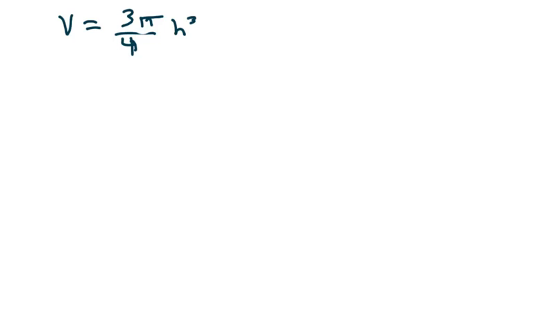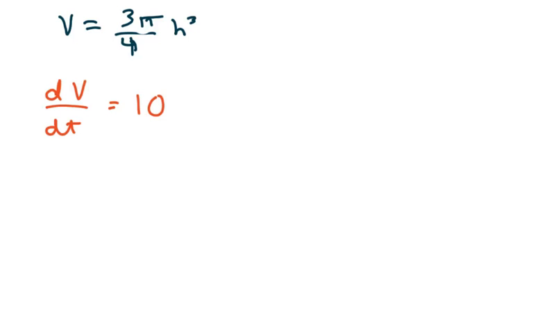Alright, now all we have to do is take the derivative of the volume with respect to time. The derivative of the volume with respect to time is 10. They already gave that to you.